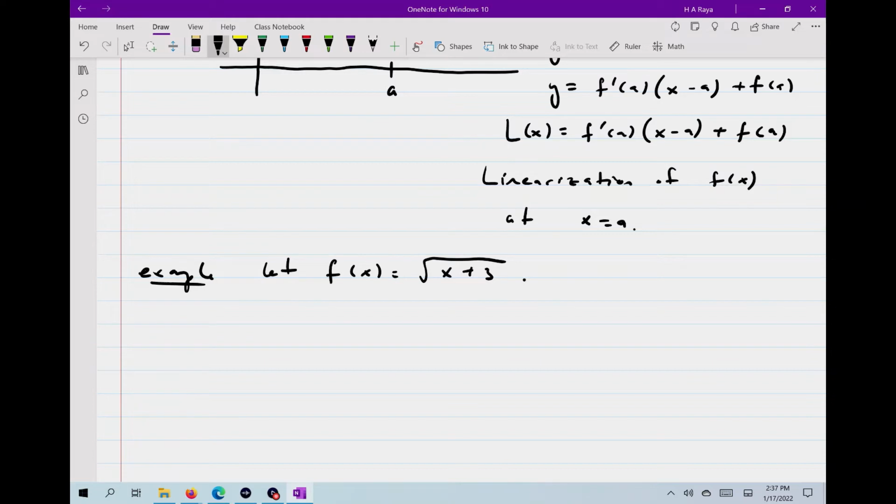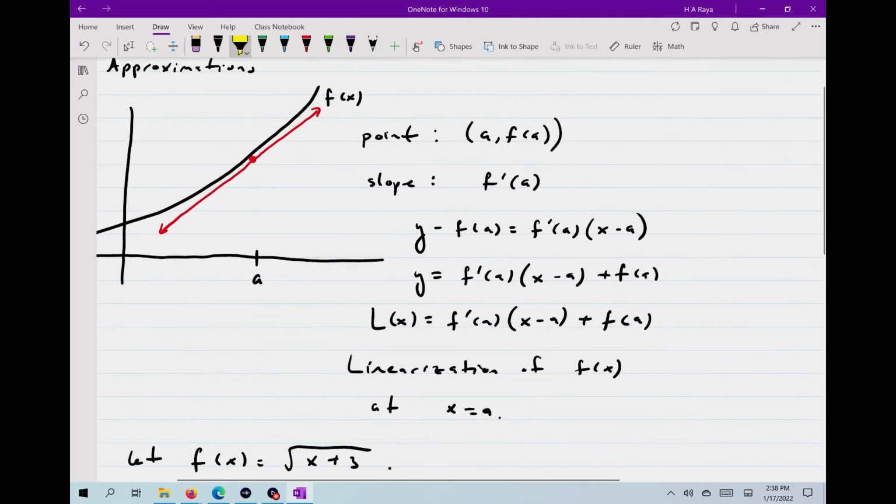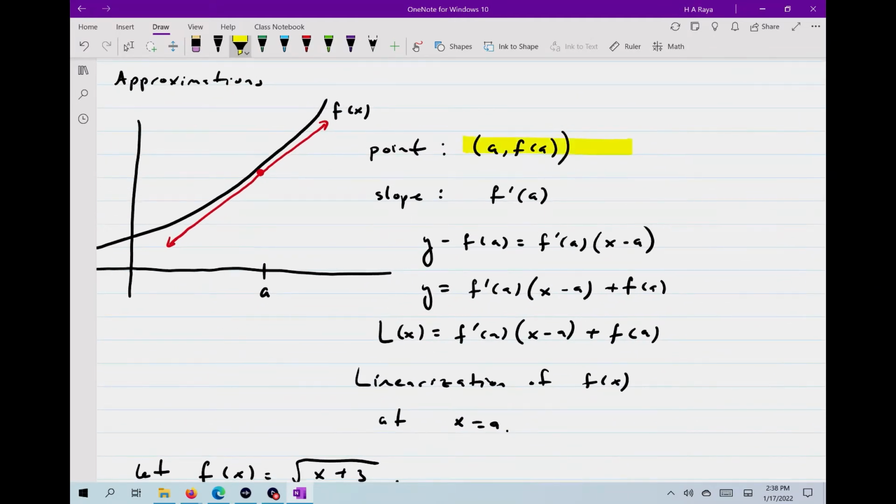And here we're asked to find the linearization of f of x at a equal to 1. All right, so to find the linearization, we need some ingredients. We need a point, and we need a slope.